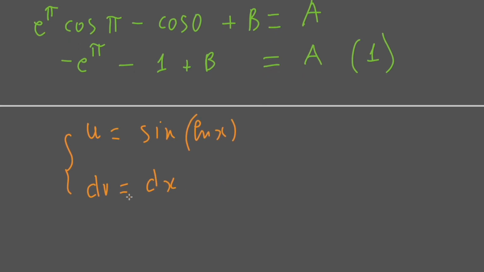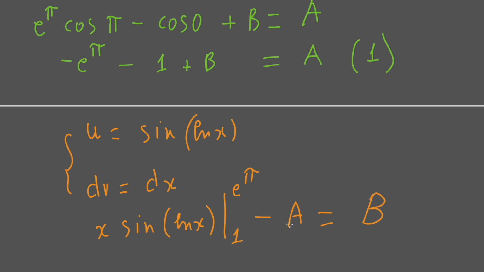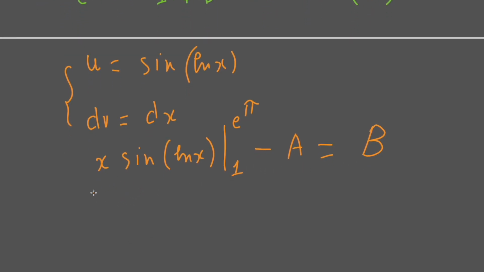Then the second equation is x sine ln x from 1 to e power pi minus A equal to B. So this will be e power pi times sine of pi minus sine of 0.